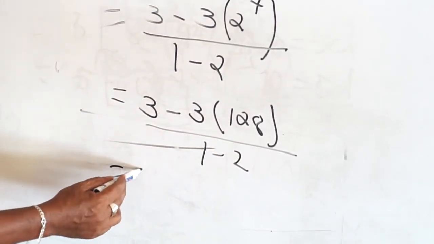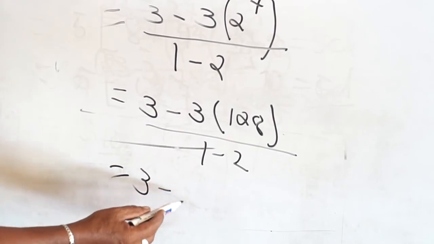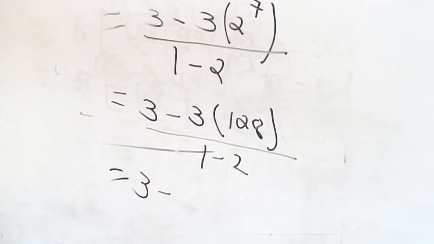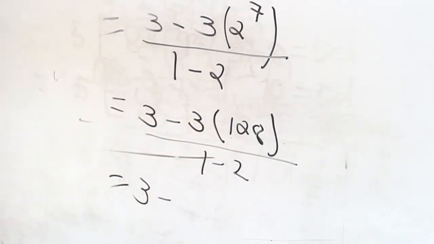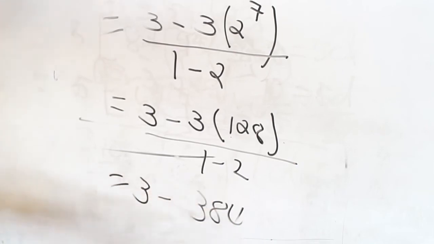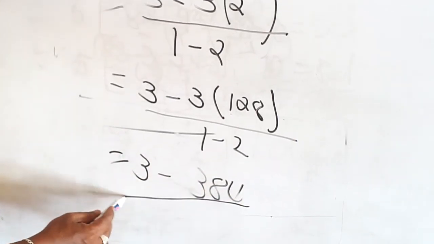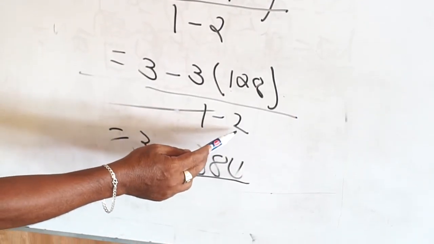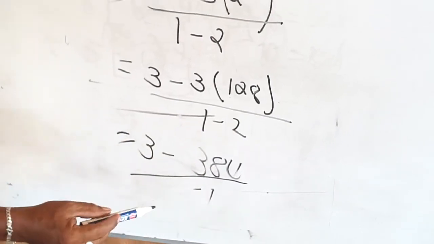Then we have 3 minus, multiply 128 by 3. So the product is 384, over 1 minus 2, that is negative 1.